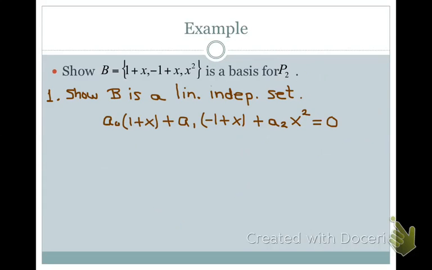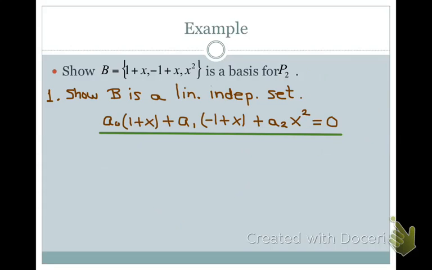To show that this set of polynomials is linearly independent, we go back to the definition of linear independence, which says that if I take a linear combination of the vectors and place them in the homogeneous equation, so that's what we have here. Notice that I've just taken constants and multiplied them by each of the vectors and ended up with the following homogeneous equation.